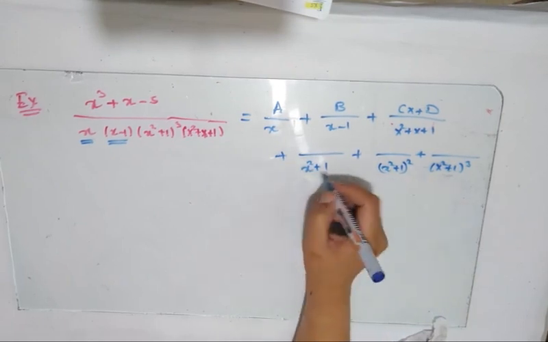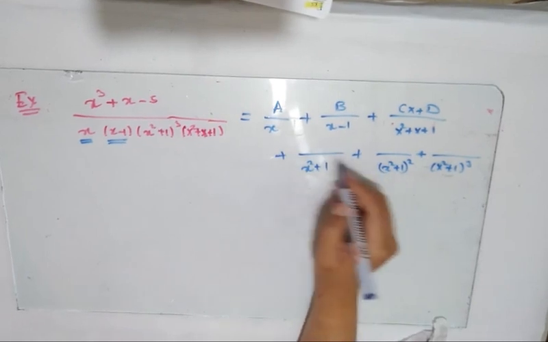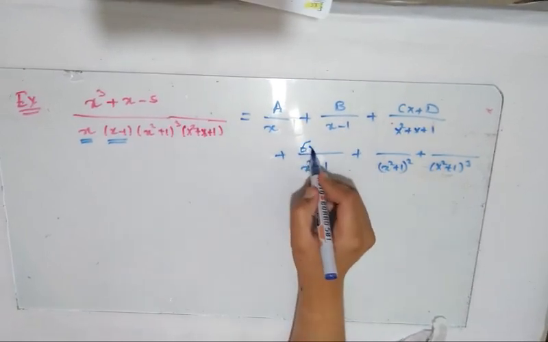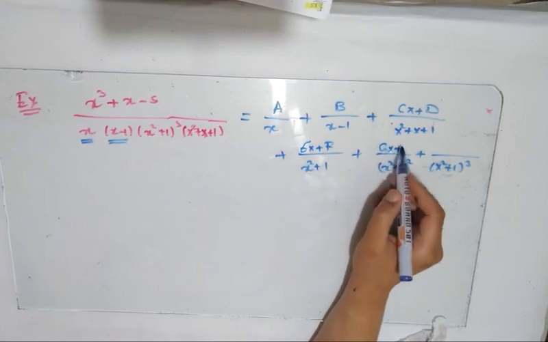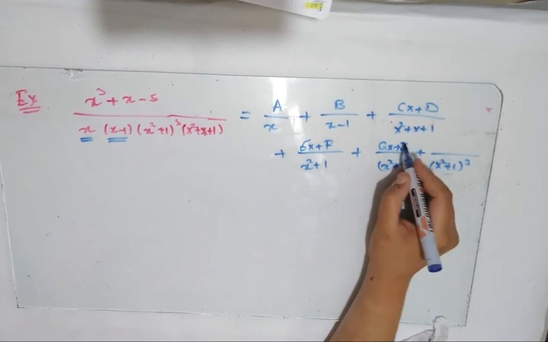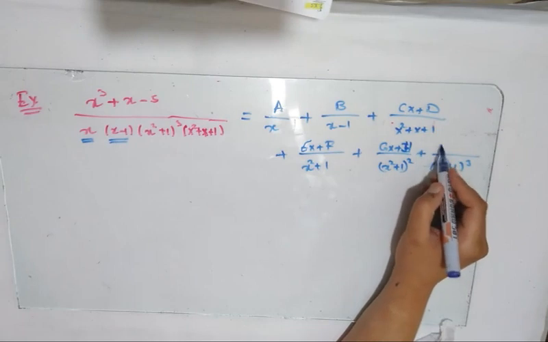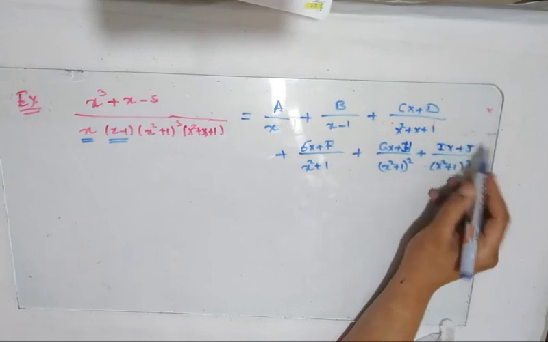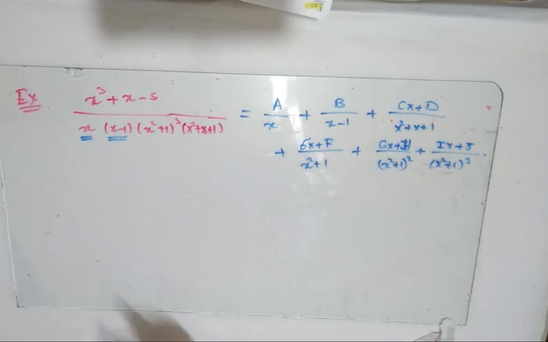And then you have to write a linear expression in the numerator. So we will have ex plus f, gx plus h, doesn't matter, and ix plus j. So this is the partial fraction decomposition.